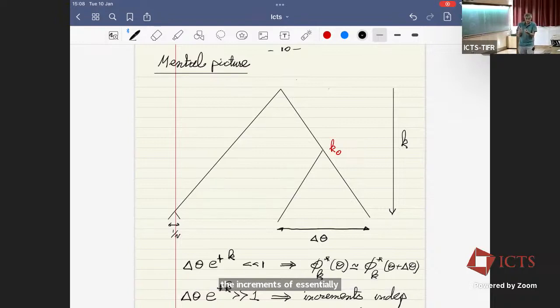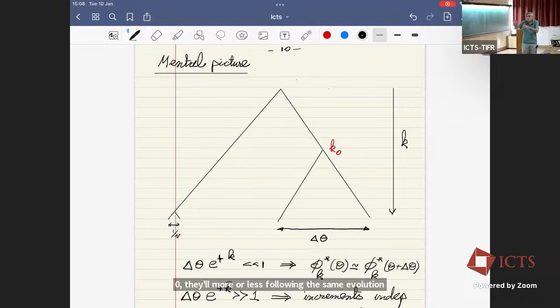If you take the minimal scale, the minimal scale to worry about is 1 over the dimension. So for any delta theta, there is a k0, which corresponds to where these two recursions split. Up to this point k0, they are more or less following the same evolution, and after that, they are completely independent.